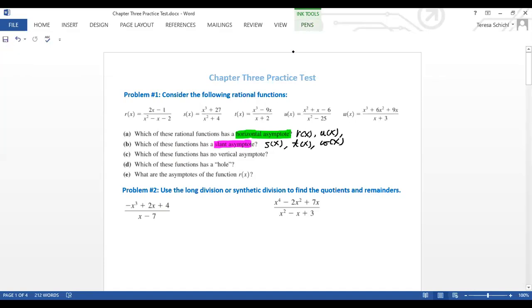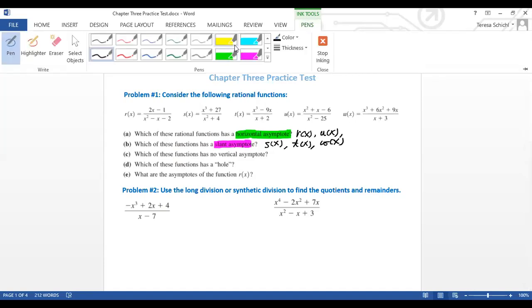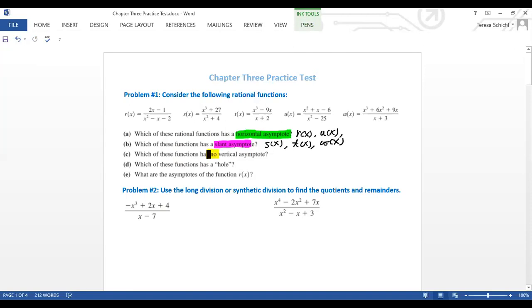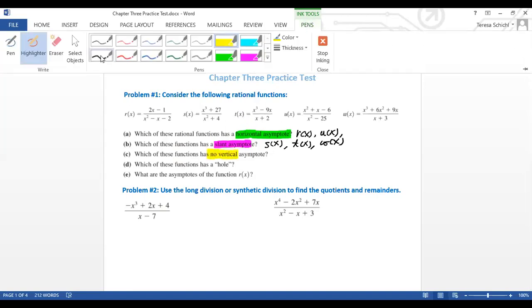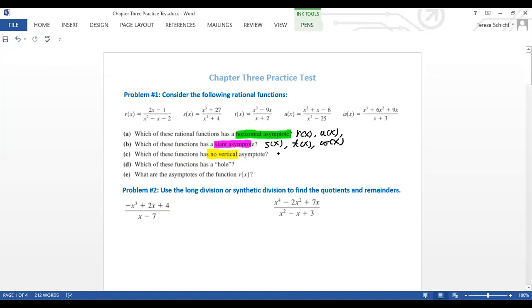The next question asks which one has no vertical asymptote. We know the vertical asymptote is where the denominator is 0. The first one you can factor, this is (x minus 2)(x plus 1), so we do have vertical asymptotes here.